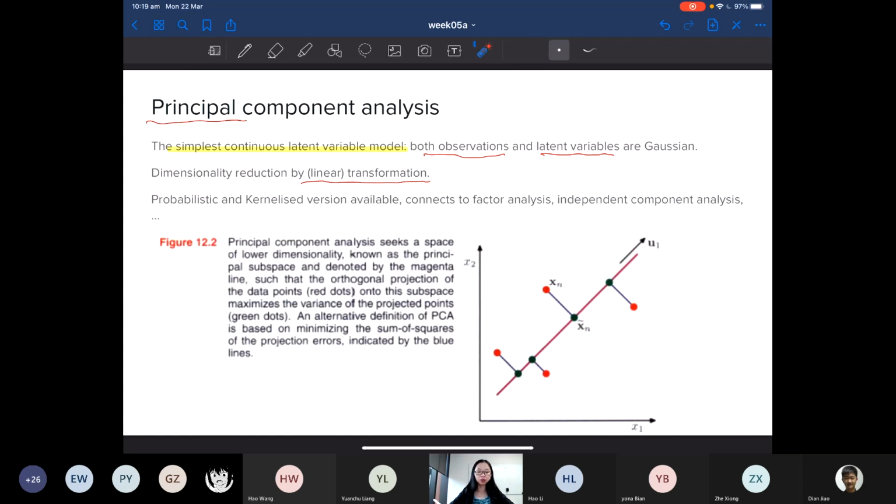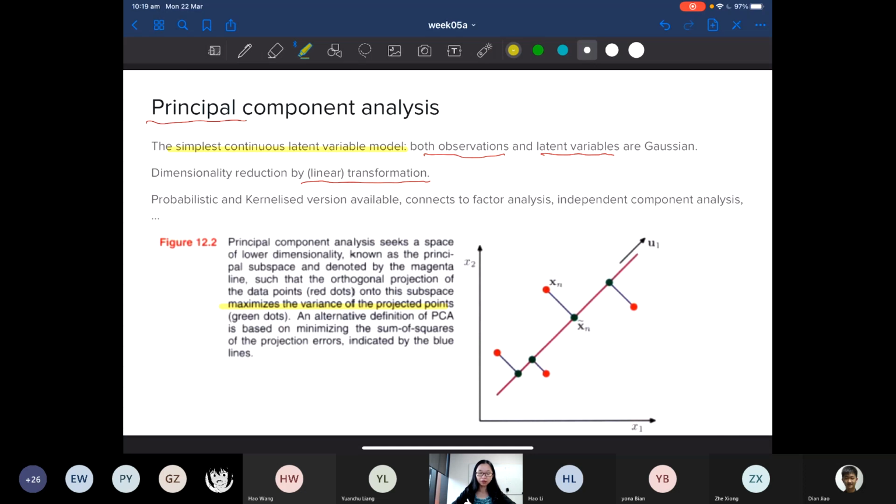For PCA, there are 2 different objectives possible. It maximizes the variance of the projected points. Basically, the green points are maximally spread out with respect to each other.